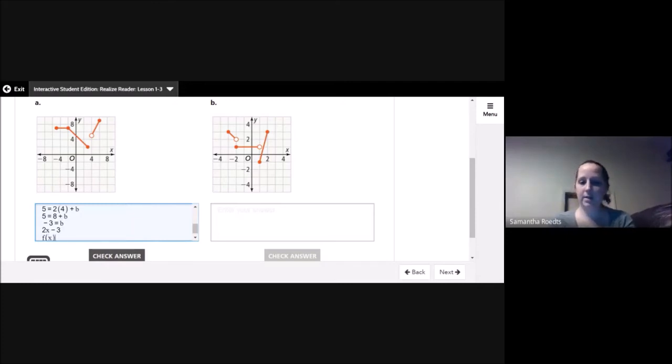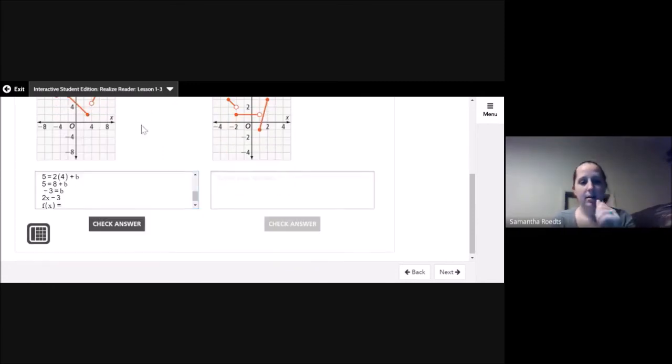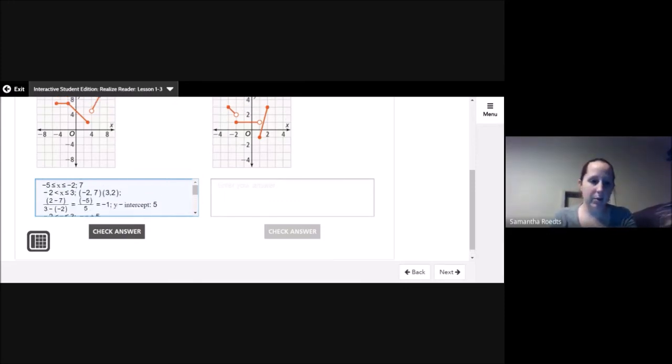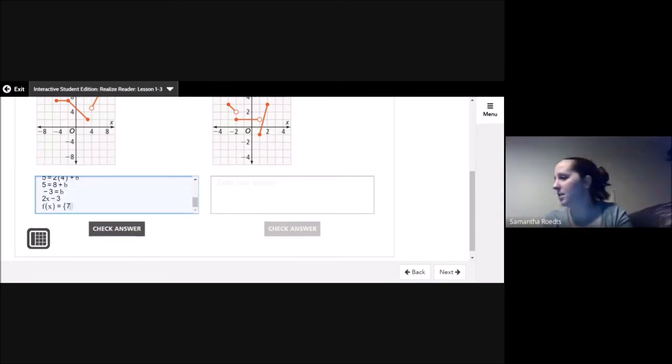So I have f of x equals 7. Remember way back up here, 7, if -5 is less than or equal to x, less than or equal to -2. -x plus 5 if -2 is less than x, less than or equal to 3.